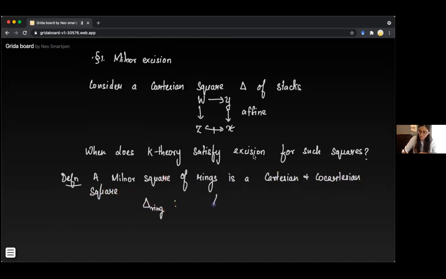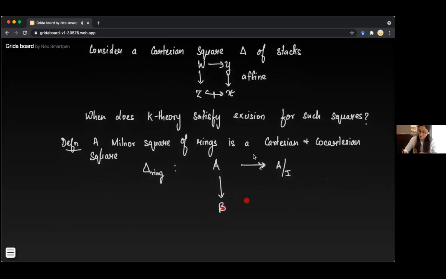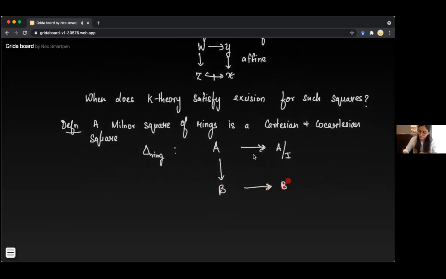So this is a square of rings of the form A to A mod I and B to B mod J. And it would be such that the ideals I and J are isomorphic under the given assumptions.